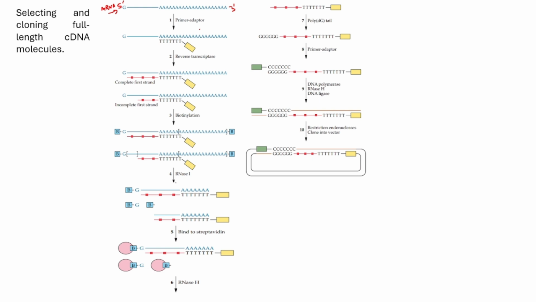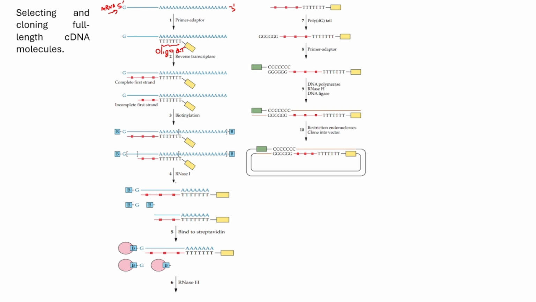With this primer adapter, we give a restriction endonuclease site. So this is basically a primer adapter, or sometimes this is called a hexameric sequence, or sometimes called the oligo dT sequence, okay. Oligo means some 2 to 6 bases, so these are called oligonucleotides, and dT means these are deoxyribonucleotides, okay.